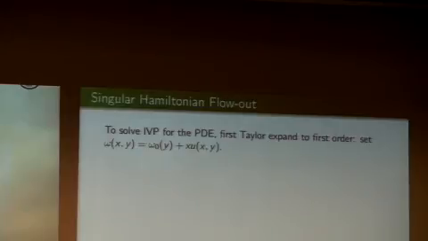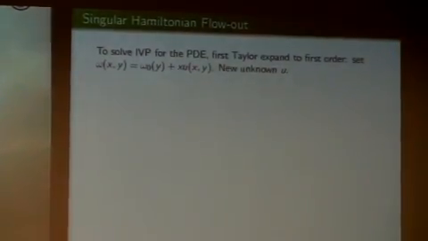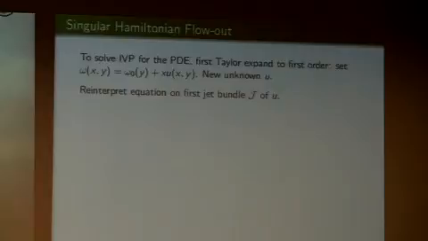We're back to our coordinates x and y. So that's my setting, my PDE theorem. I have my initial condition omega naught. This is my first order Taylor expansion. I write down my initial condition and I put x times u as my new unknown. So u is the new unknown. I just Taylor expanded. I know what omega is supposed to be to start with. And now I rewrite the equation, and I get a first order PDE for u.